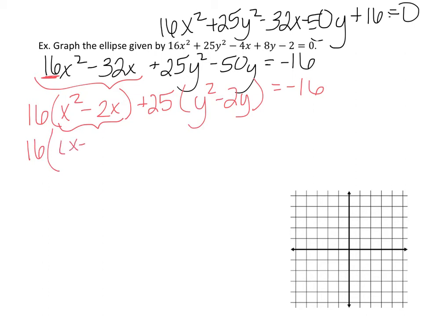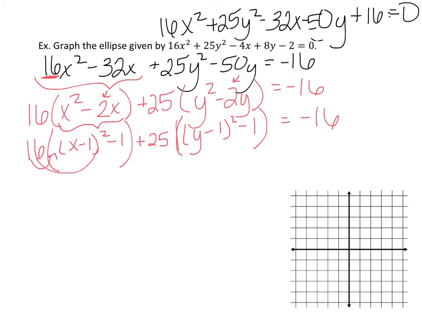So x minus half of -2 would be -1 squared, minus 1 squared is 1, plus 25, parenthesis, y minus half of -2 again is -1 squared, minus 1 squared is 1, equals -16.